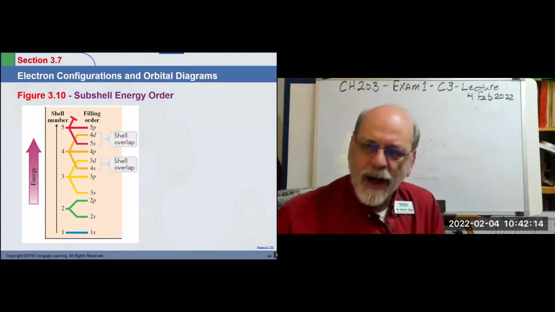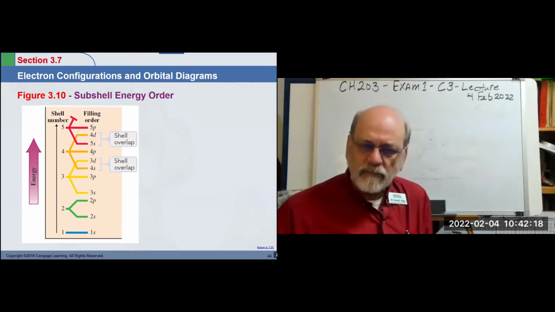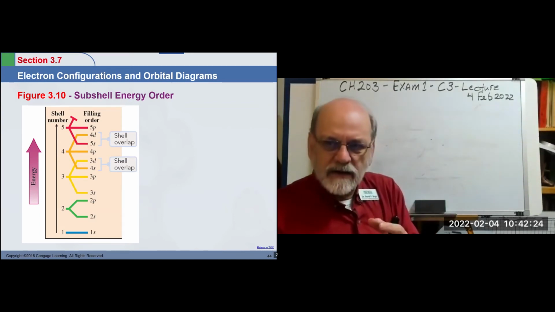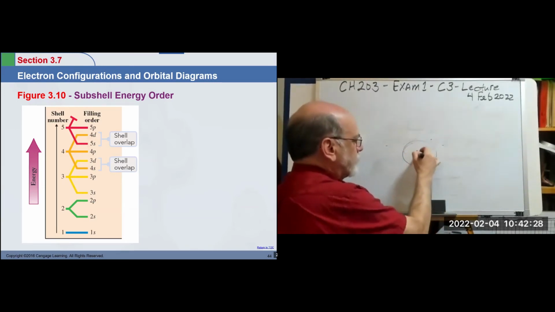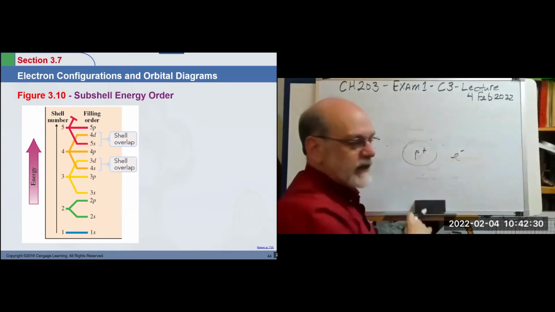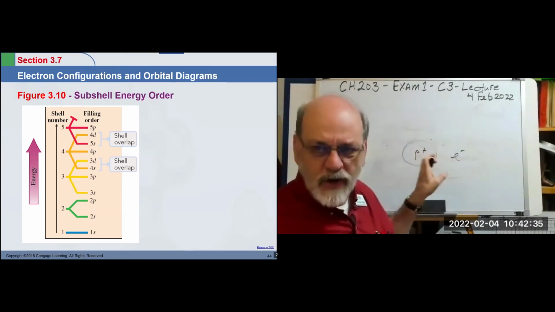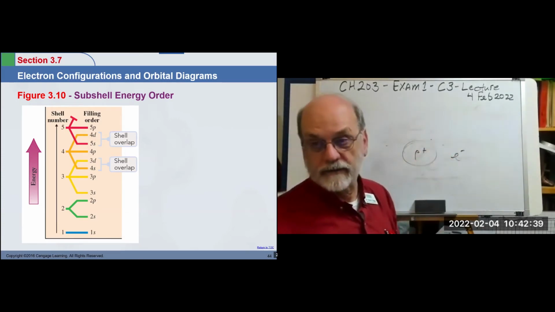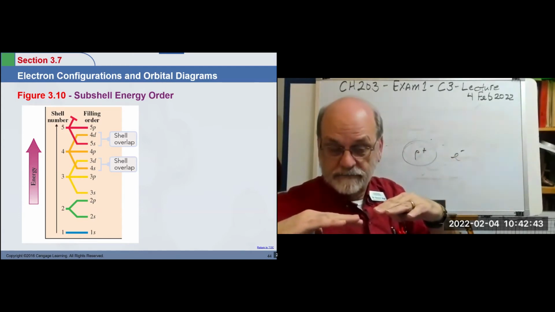The problem is, well, there are many problems, but when we start to build these atoms, what we notice is as you add protons to the nucleus and electrons to go with them, as you add more protons and more electrons, they start to interfere with one another. They start to modify energy levels.